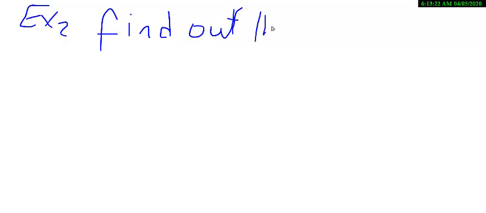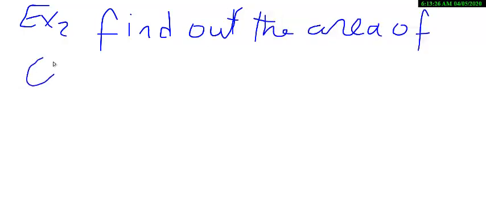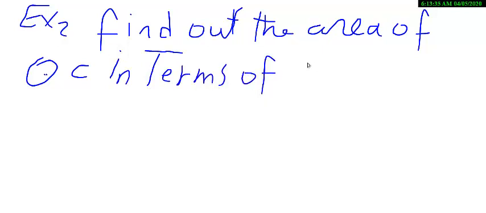Example number 2. Find out the area of the circle C in terms of pi. What does it mean?